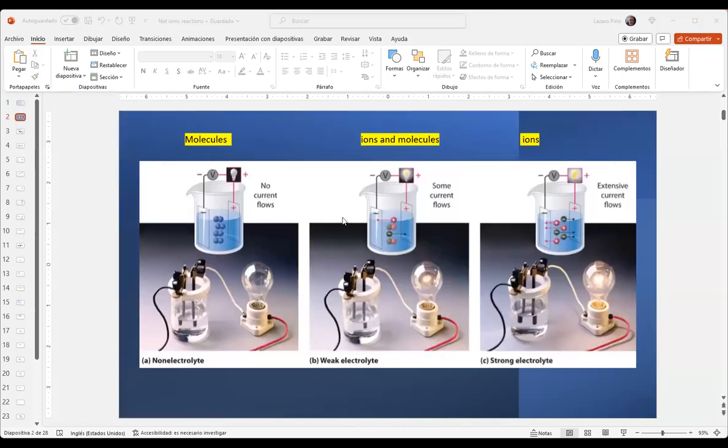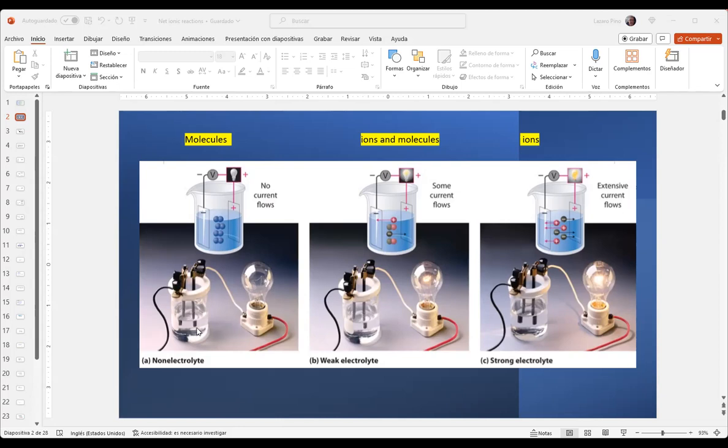Well, here in this figure, you can see what we call a lamp test. Here we have two electrodes that conduct electricity in a circuit where we have a bulb.